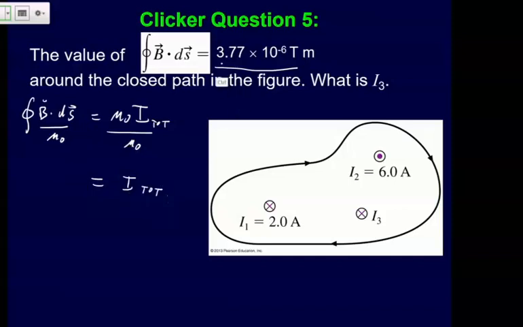If I take this number, 3.77 times 10 to the negative 6, and divide by my mu naught, I got a value of 3 amps. That's why this number is so funky: I was trying to get it to work out to a nice number. So then 3 amps.